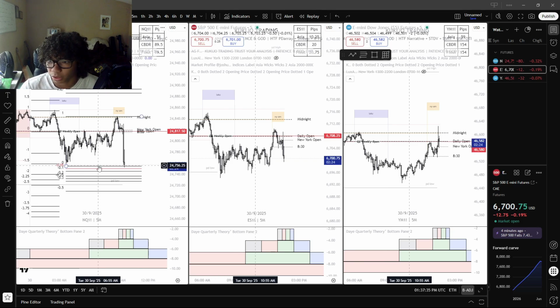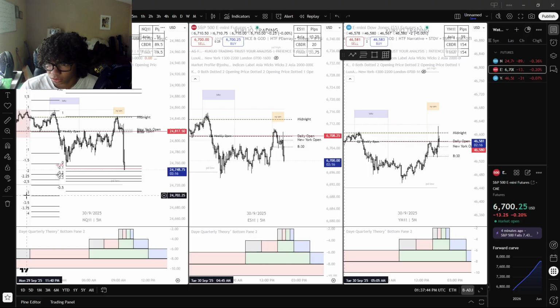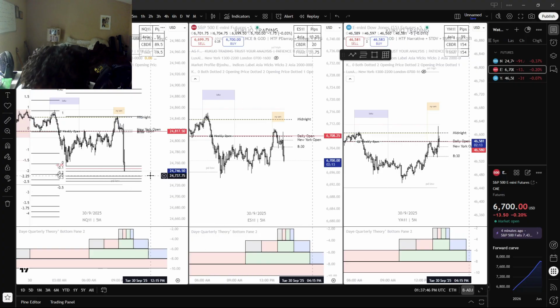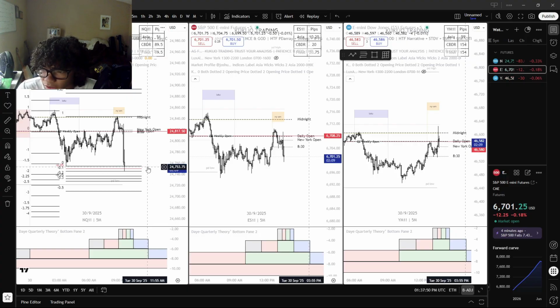Anyways, I am preparing to enter. I'm going to attempt to bottom tick. Since -2 is really close to -0.2, I'm going to have my fade around that level, a very precise level.